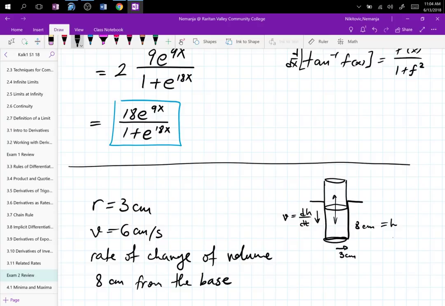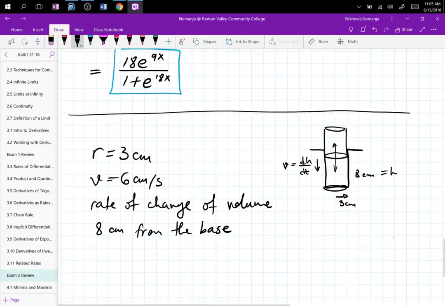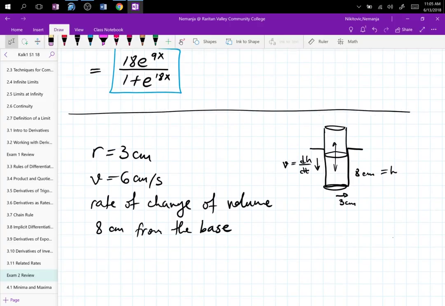Heights are distances, so when you're changing any kind of distance, including that height, that's going to be a velocity, and that's what's given to us. The piston is moving at a speed of 6 centimeters per second.